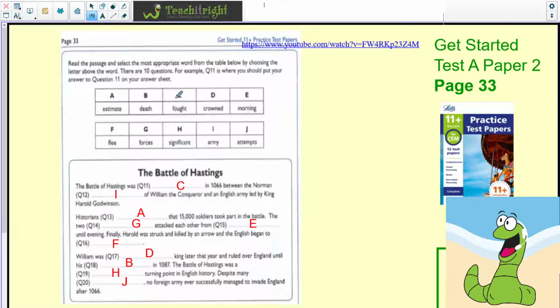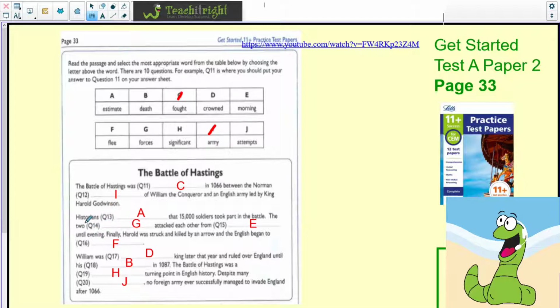So they were fighting. So we need a word that's like fight, and it's fought. So past tense. So we've got the Battle of Hastings was fought in 1066 between the Norman something, and it's the Norman army of William the Conqueror and an English army led by King Harold Godwinson.